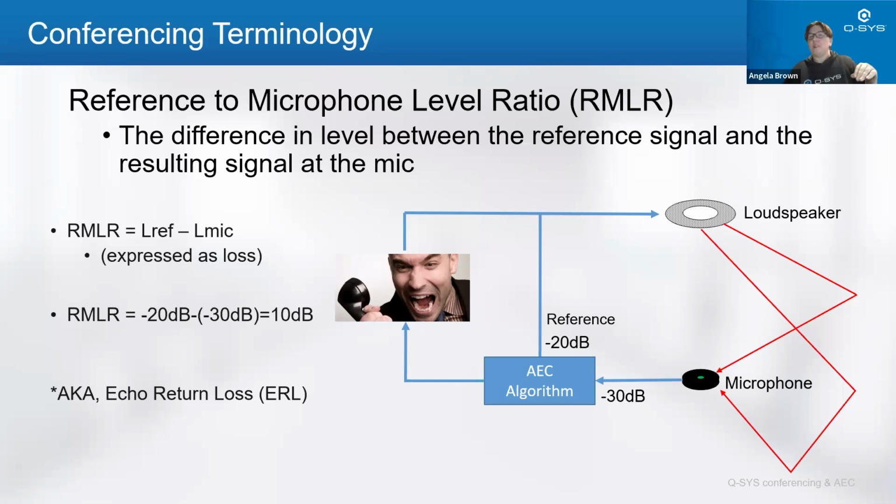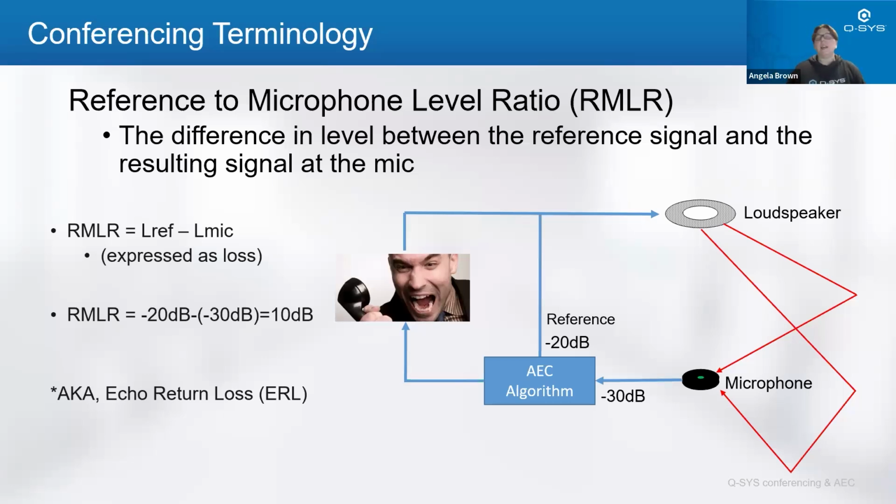Our reference is minus 20 dB. Why is it minus 20 dB? Because that's unity gain in a Q-SYS core, and we want to get that to be as close to minus 20 dB as we can get it. So the reference is coming in at minus 20 dB, and our microphone is picking up minus 30 dB. So minus 20 minus 30 gives us a difference between the two of 10 dB.